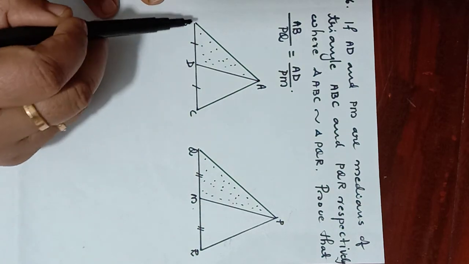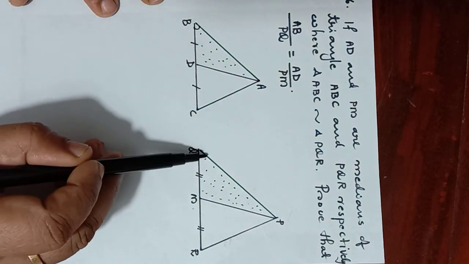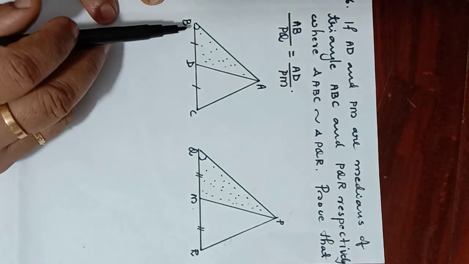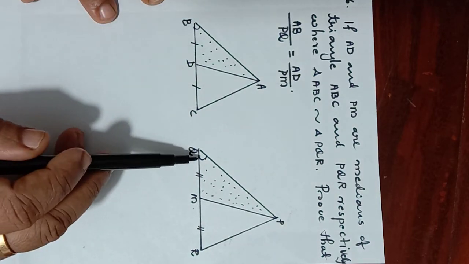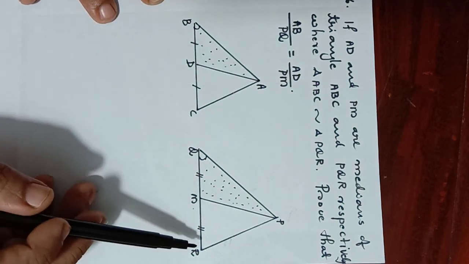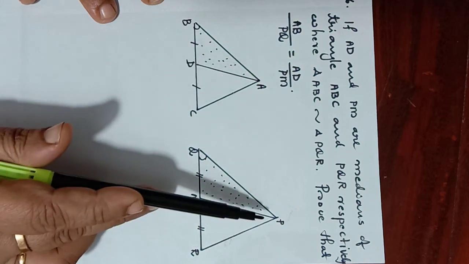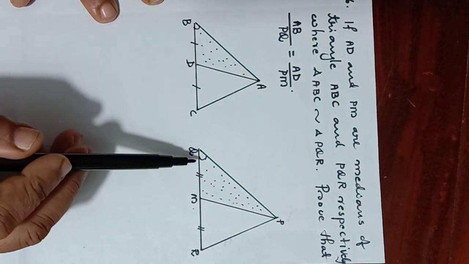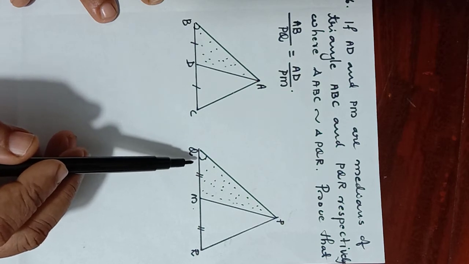If it is similar, angle B is equal to angle Q. For two similar triangles, corresponding angles are equal. Actually, C is also equal to R, and angle A is equal to angle P, but we do not want it. So angle B is equal to angle Q.